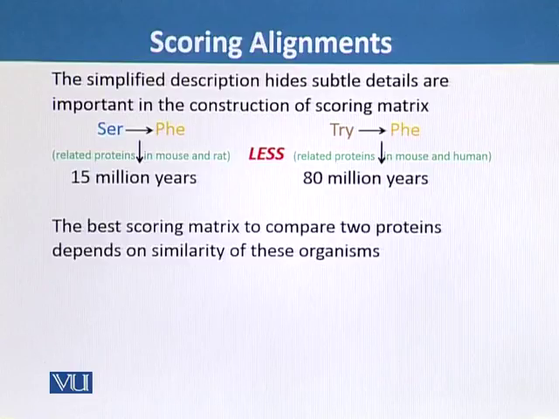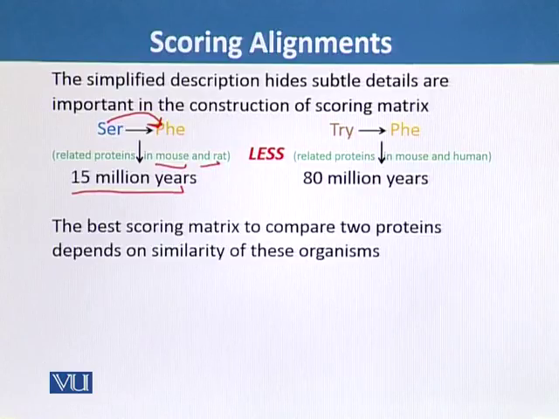Here we can see that serine can be mutated into phenylalanine, and this is a more common process that diverged 15 million years ago in related proteins in mouse and rat.